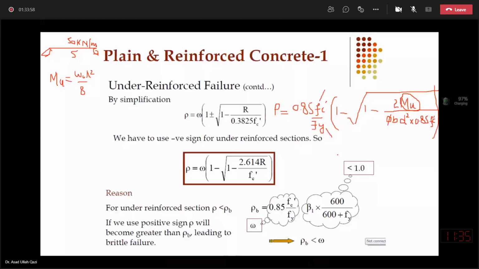And then you will notice that you are using this equation to determine rho, and you know that this rho will guarantee you tension controlled under reinforced failure, which is the desirable one, and if you have the rho, you will multiply this with b d to get the area of steel in the cross section.